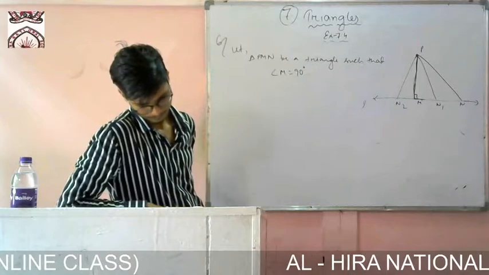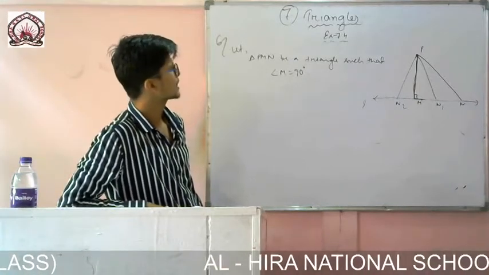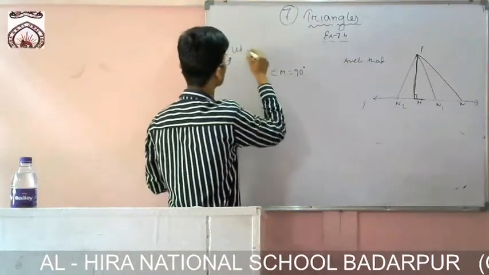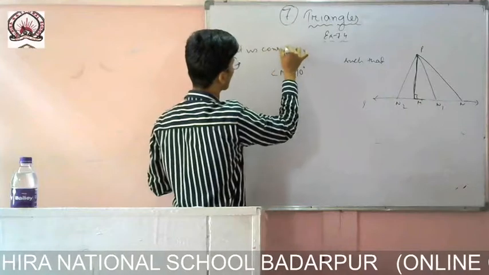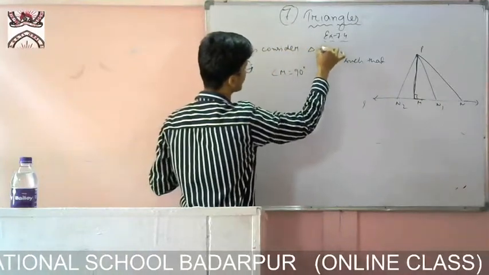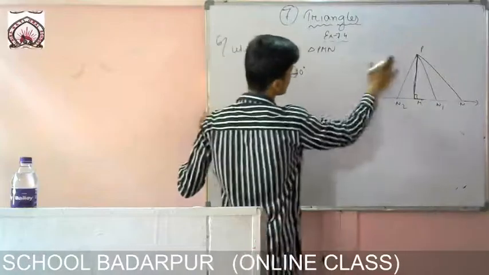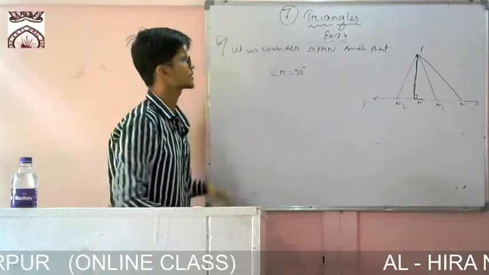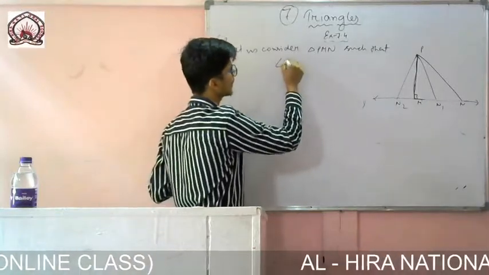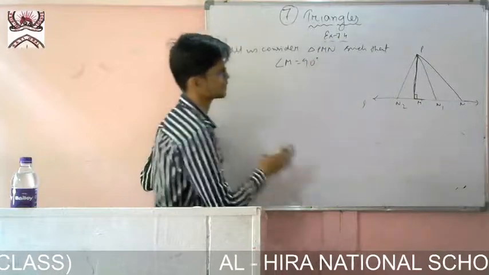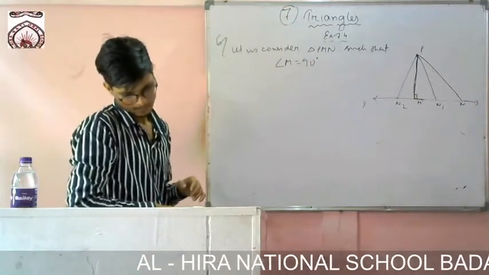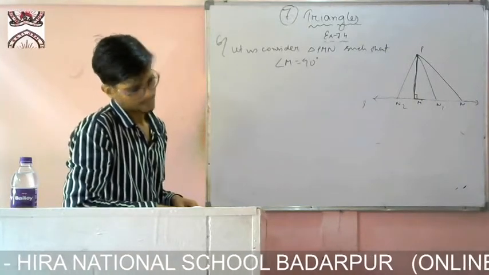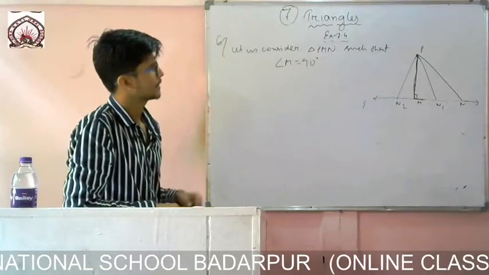Now you can write, let us consider triangle PMN such that angle PMN is equal to 90 degrees.